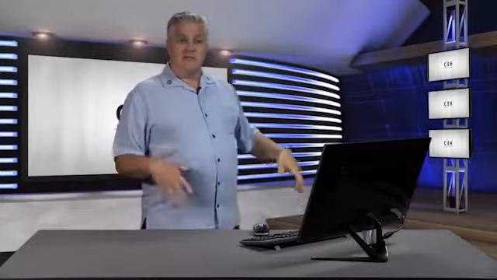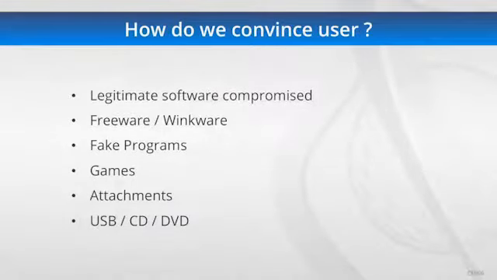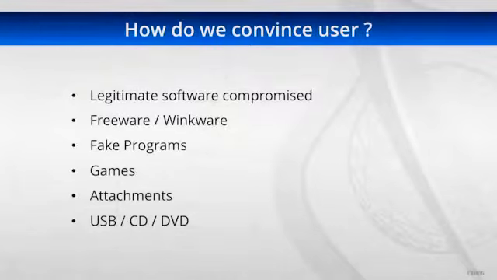Right? I could make a fake Evernote site that looks like Evernote and say, oh, well, this is Evernote 2. This is the next version of it, and get them to go there. Taking the real Evernote software or whatever software it is and compromising that and shoving it in there and then repackaging it and saying, here, it's free. The new trial of whatever cool tool version next is free for you. Freeware, winkware, fake programs, games, attachments, it's all a possibility.